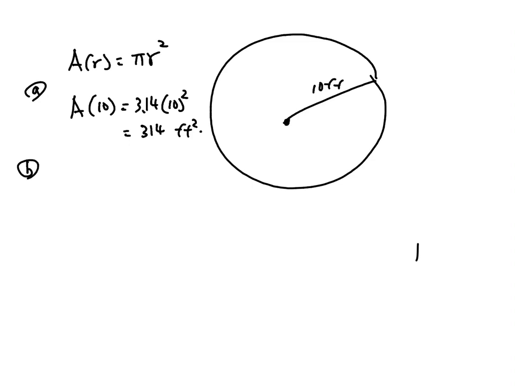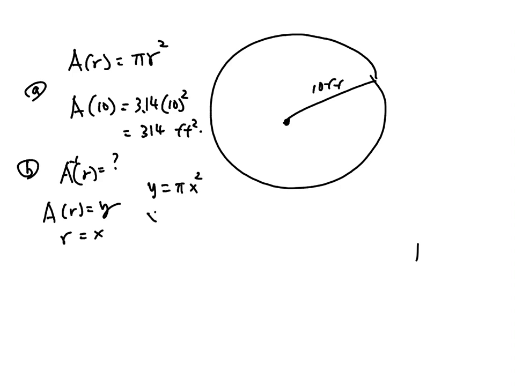B. What is the inverse of A? All right, so here we go. Let's check this out. A of R is like our Y and R is like our X. So what we end up having is Y equals pi X squared.